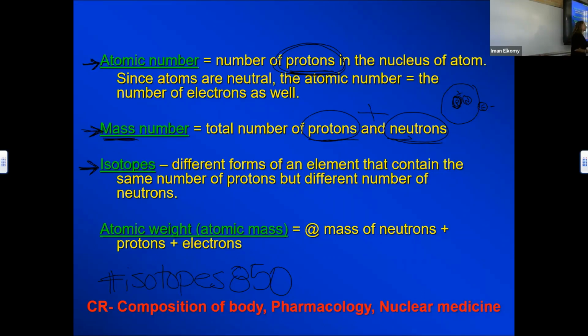Okay. Everybody, make a note right now. Isotopes 850. All right. So what is an isotope? Just so when you go and get on there, you're like, wait, why does she call it that? What does that mean? Just to remind you what an isotope is. An isotope is two forms of the same element that have the same number of protons but different number of neutrons.